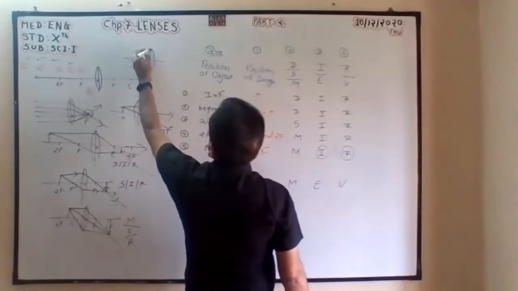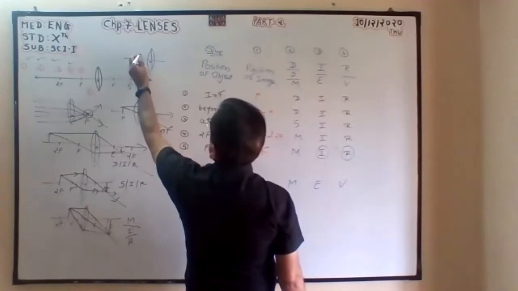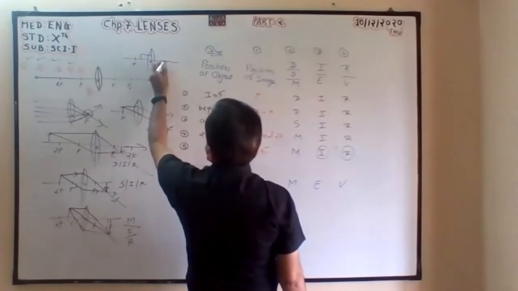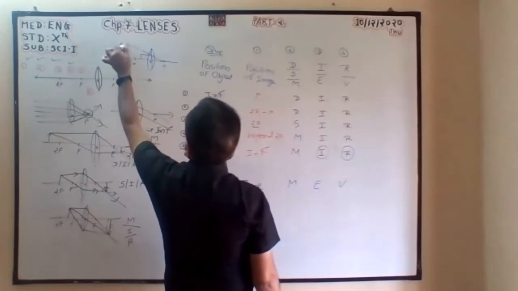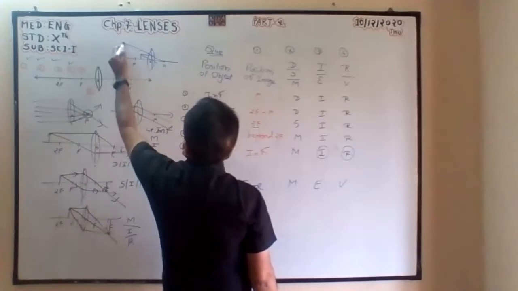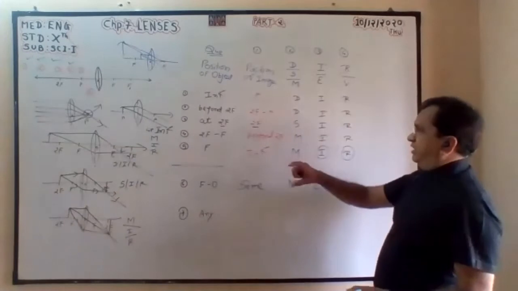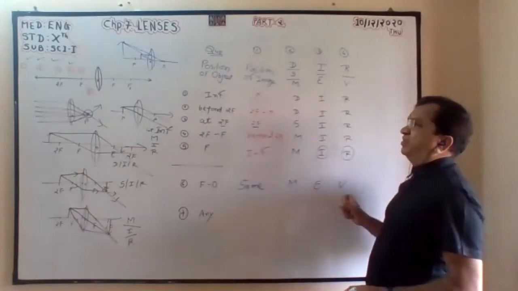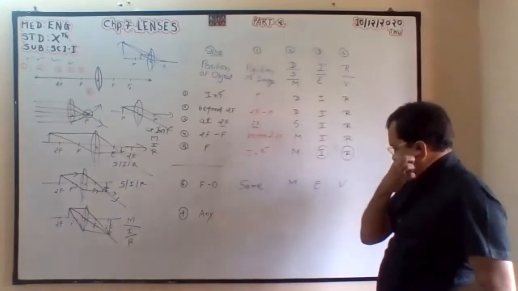When the object comes closer, in between F and O, here, join this F. So from F it will pass, and from O it will pass. Same side, not inverted. So erect and virtual. Erect are always virtual and highly magnifying.